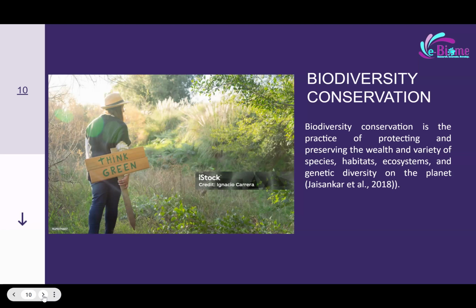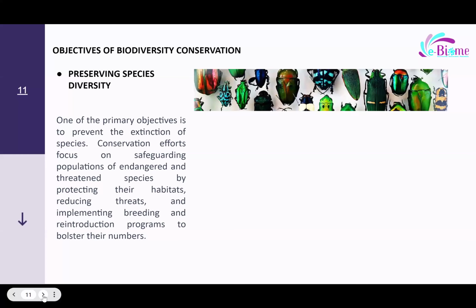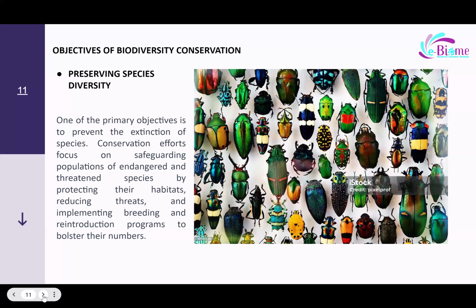So it is very important that we conserve biodiversity. It is an integral part of sustainable development because future generations will depend on the environment for survival. If we, the current generation, do not conserve the biodiversity that exists now, what are we going to leave for future generations?